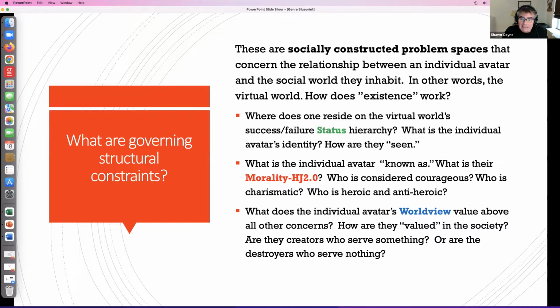Lastly, what does the individual avatar's worldview value above all other concerns? How are they valued in the society? Are they creators who serve something, or are they destroyers who serve nothing? That's the worldview concept. All right, so those are the governing structural constraints.